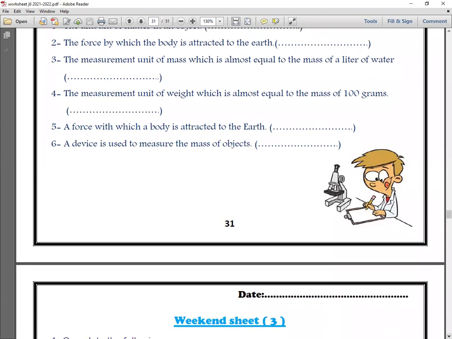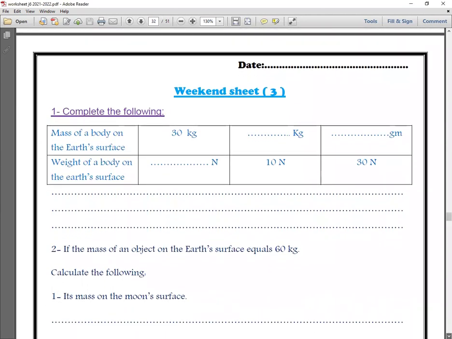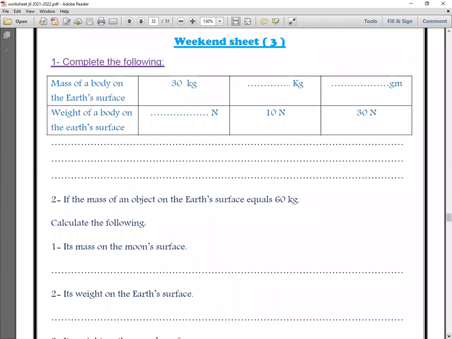Now turn to page 32, weekend sheet number 3. Complete the following table. Okay, the mass of the body here, Junior 6, I can here draw my triangles.